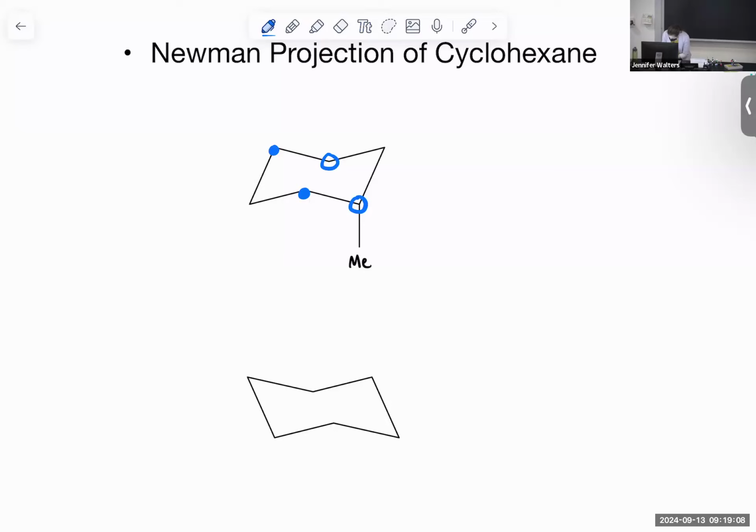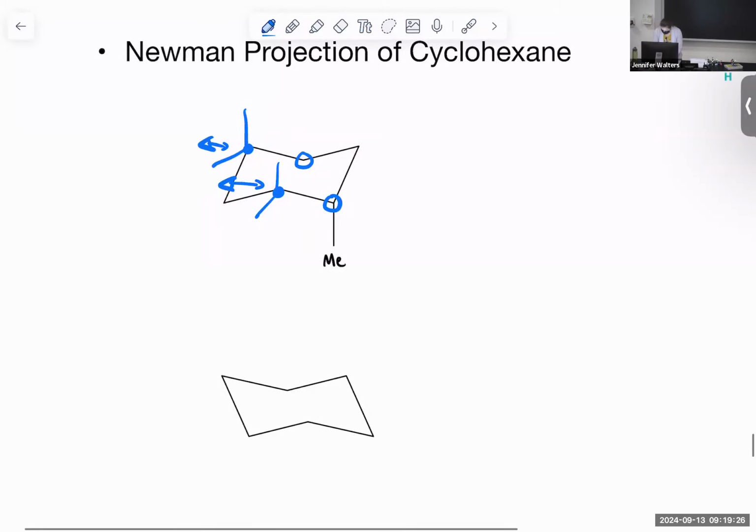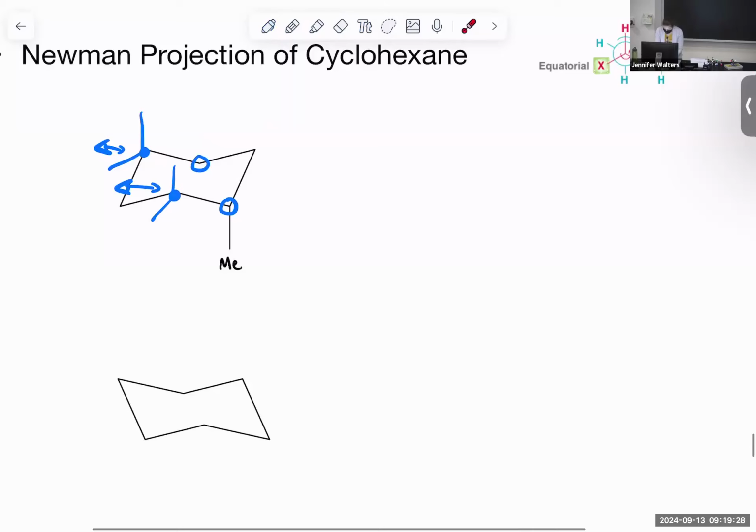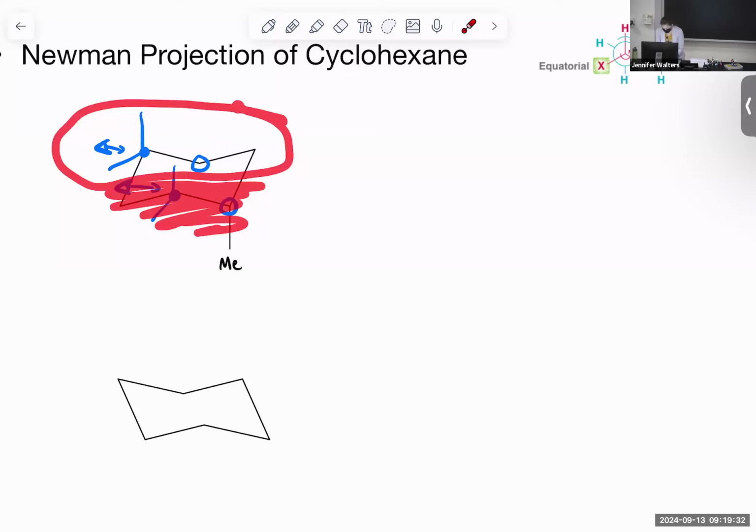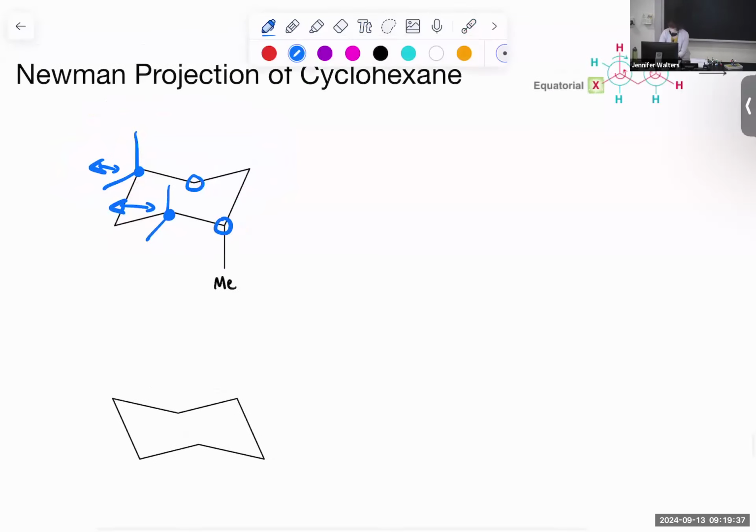My left eye is going to look down the back carbon. My right eye is going to look down the front carbon. You need to imagine where those axial and equatorial positions actually are. So I'm going to start pretending my right eye is closed, and I'm just going to draw the Newman of that back carbon. So I get my circle and my dot.